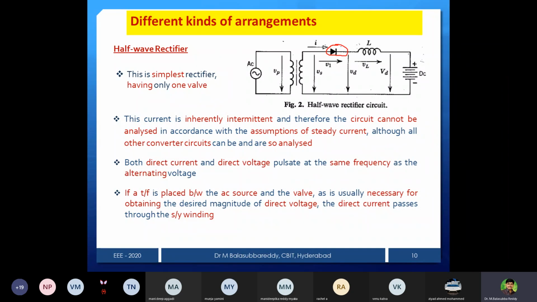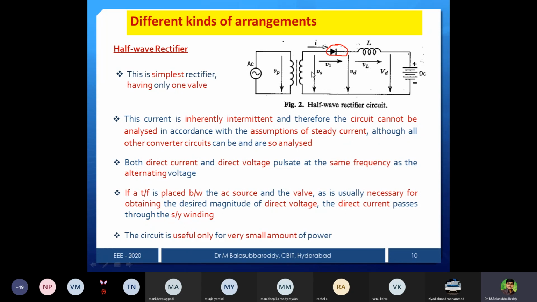Once the transformer is there between source and load, the voltage and current pass through the secondary only, because the primary is connected to the source, and whatever the circuit draws comes from the source through the secondary of the transformer.